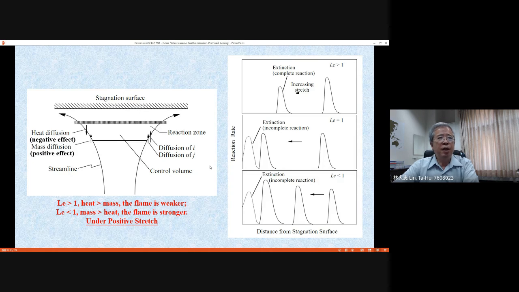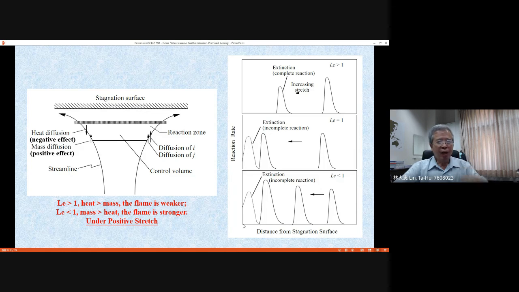And the second reason for the stagnation point flow is heat loss. Both influences will lead to the extinction condition. But for the opposed flow, incomplete reaction is the only reason.